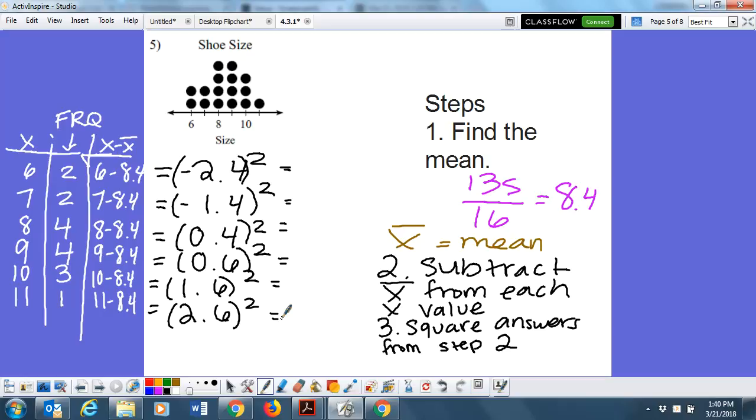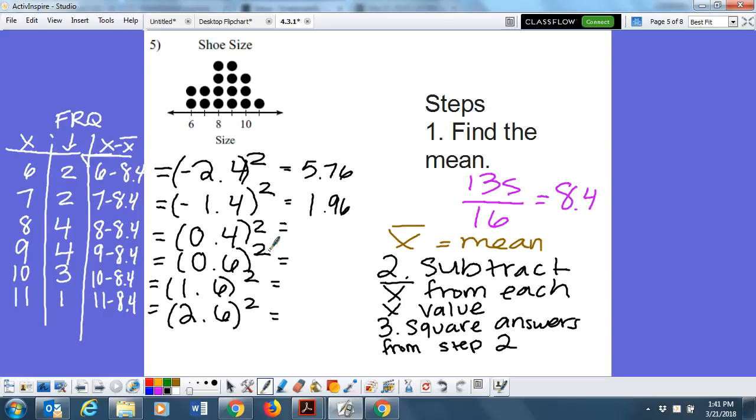Okay, so what's negative 2.4 times negative 2.4? 5.76, and then 1.4 and 1.4 together. So it's going to be a negative times a negative, which gives me a positive.